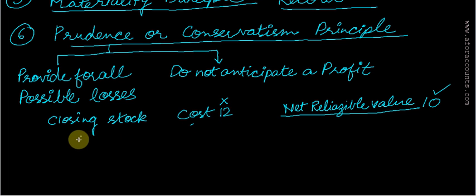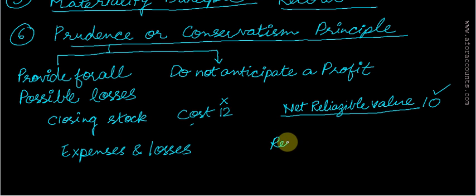So this principle applies for expenses and losses. See, prudence and conservatism apply for expenses and losses, and for revenue, income and gains.